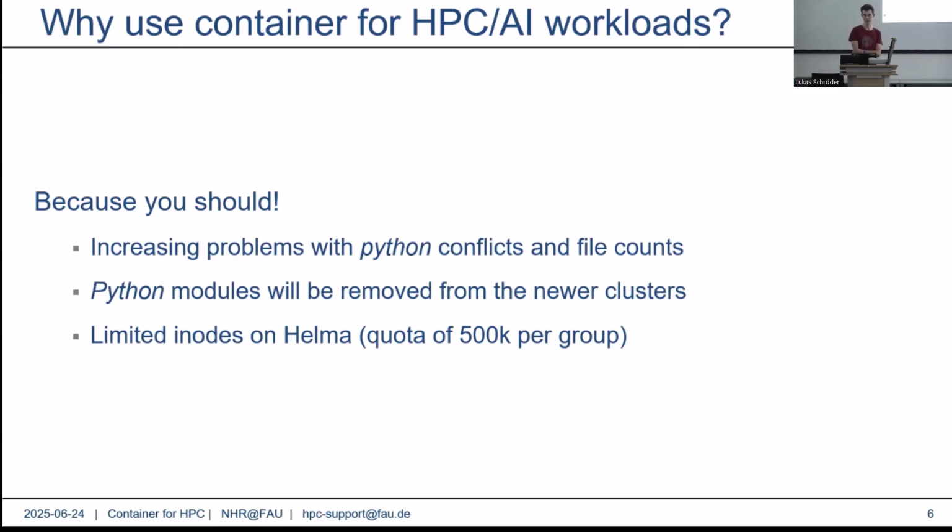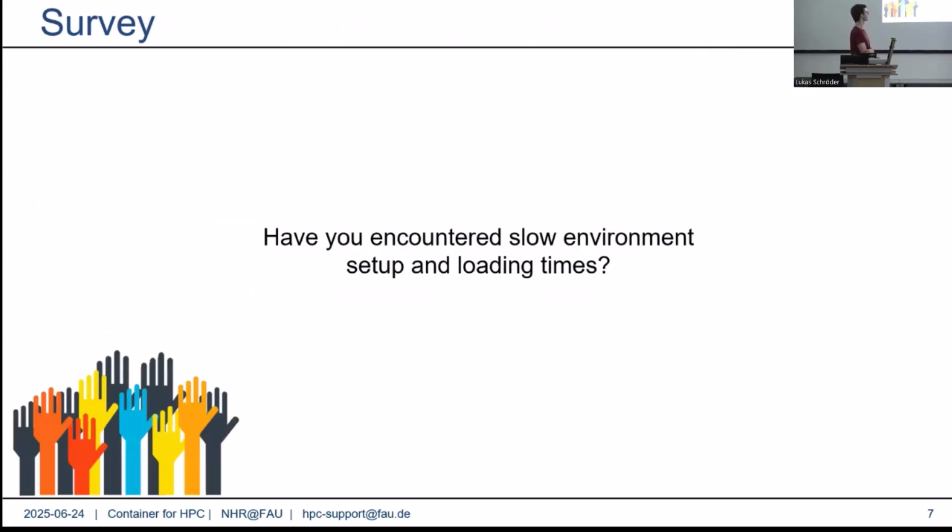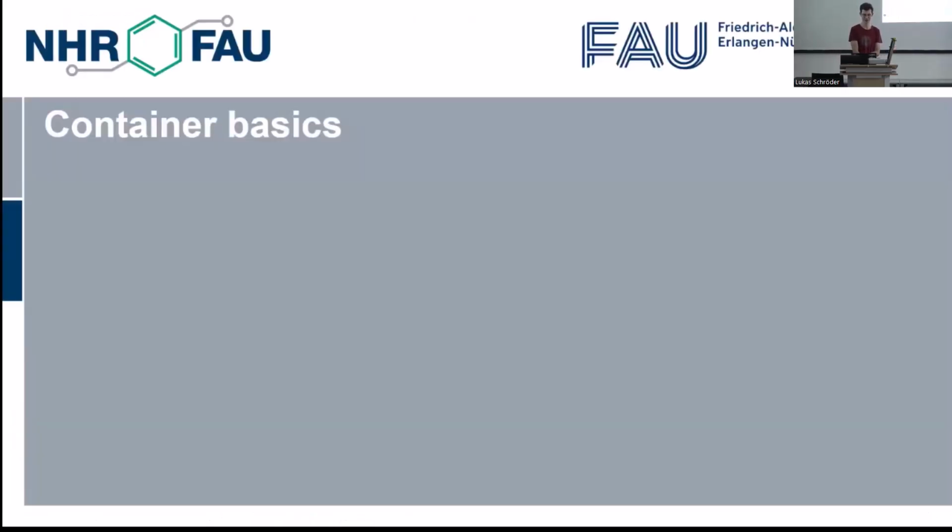Additionally, there is already on Helma, for example, a limit of inodes, the number of files you can use per group, of 500K. Has any one of you encountered a slowdown or something? Yeah, okay, I see at least some hands go up. So this is one way to improve this and also give something back to all other users.